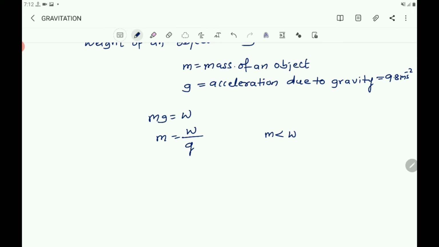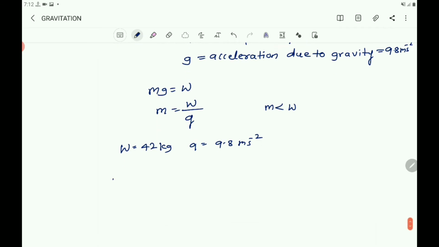Here what is given? W equals 42 kg, and g is 9.8 m s to the power of minus 2. Then m becomes 42 by 9.8, that is 420 by 98, which becomes 210 by 49.